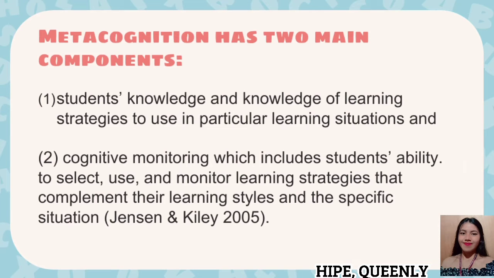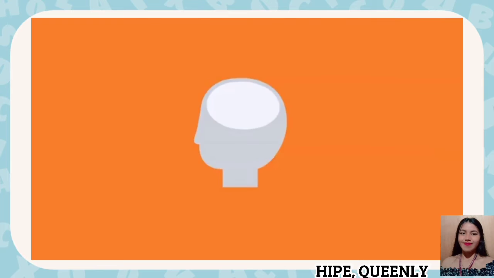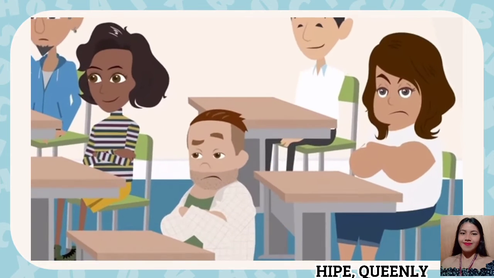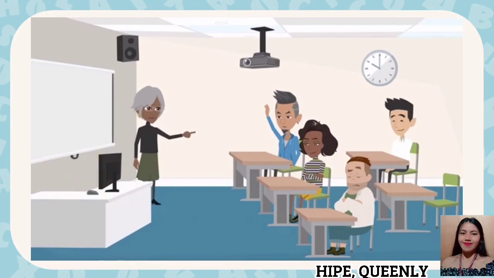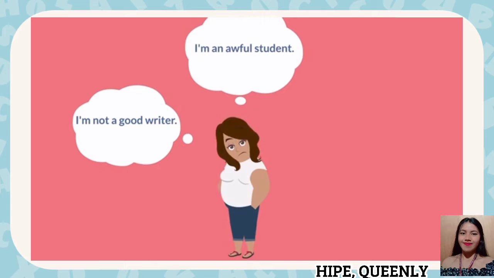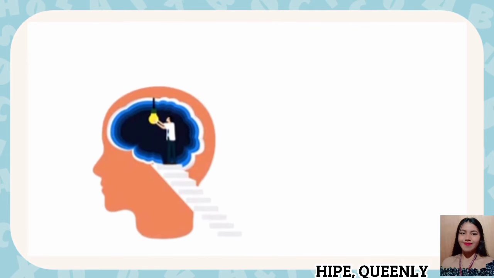Cognitive monitoring includes students' ability to select, use, and monitor learning strategies that complement their learning styles and the specific situation. It describes how learners monitor and control their cognitive processes. For example, a learner might realize that a particular strategy is not achieving the results they want, so they decide to try a different strategy.